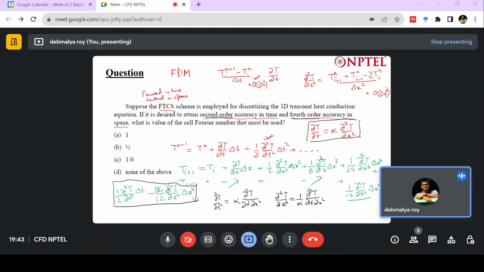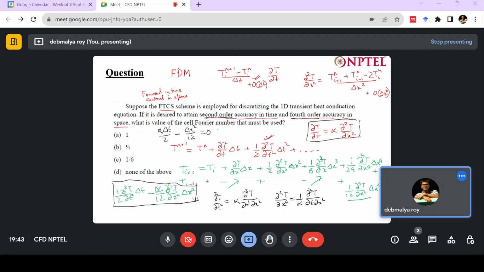So if I substitute this, what we get is simply, alpha will be here, so alpha delta t by 2 minus delta x square by 12.